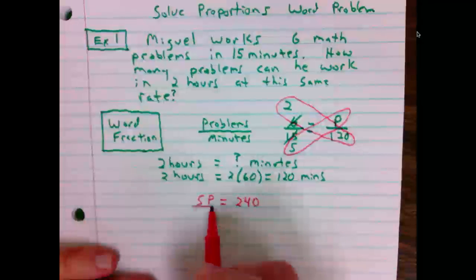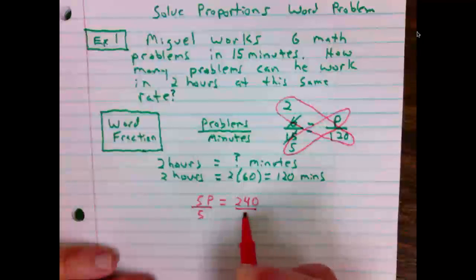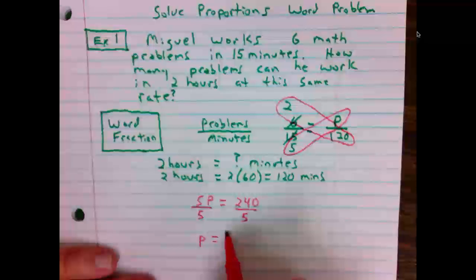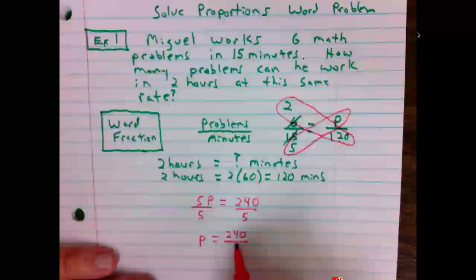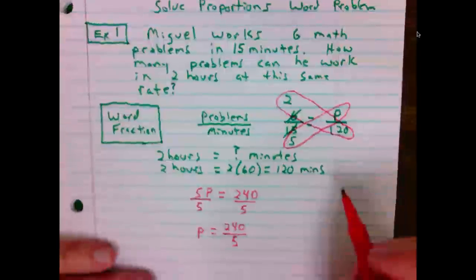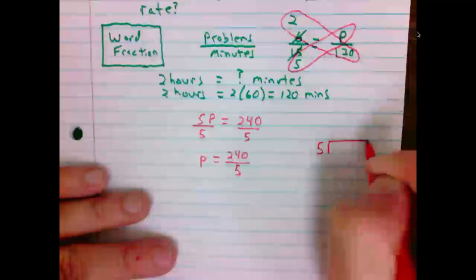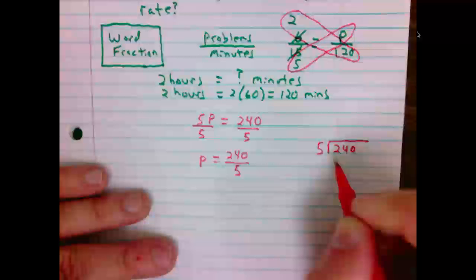To solve for P, we will divide by 5 on both sides. P equals 240 divided by 5. Coming over to my scratch paper. 5 into 240. 5 goes into 2?